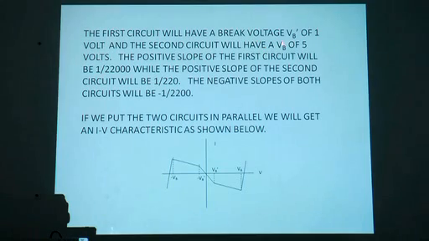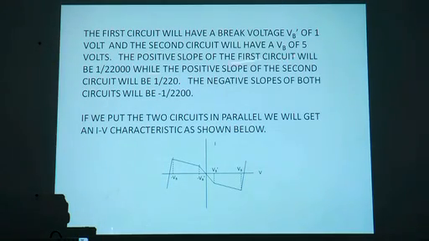The first circuit will have a break voltage VB dash of 1 volt. That is, between -1 and +1 volt, the slope will be negative. Beyond -1 and +1, the slope will be positive. For the second circuit, the break voltage VB is 5 volts because R1 is smaller than R1 dash.